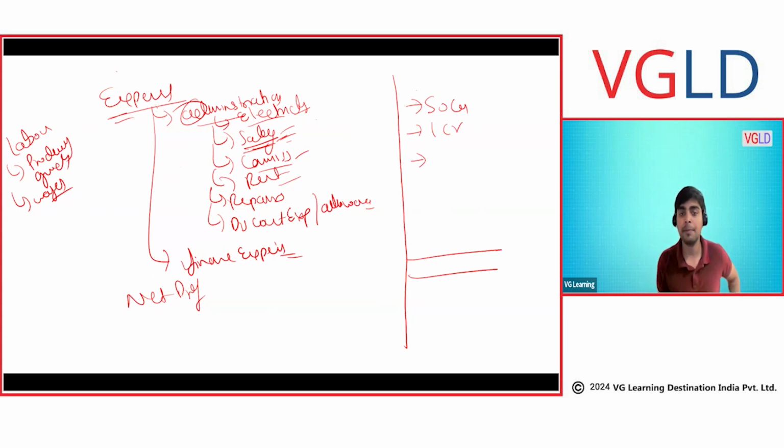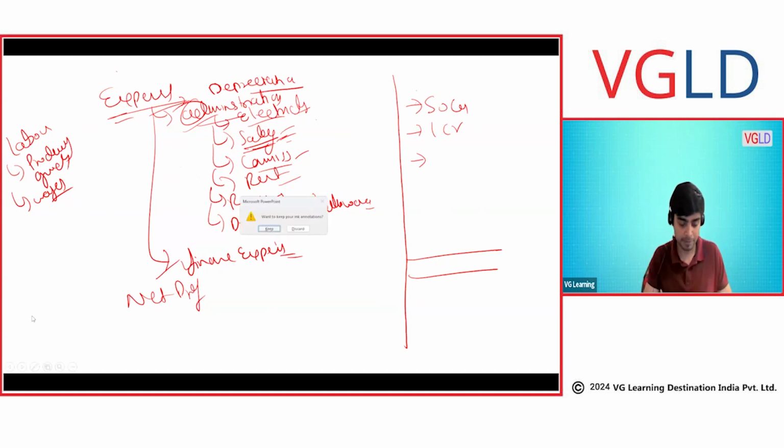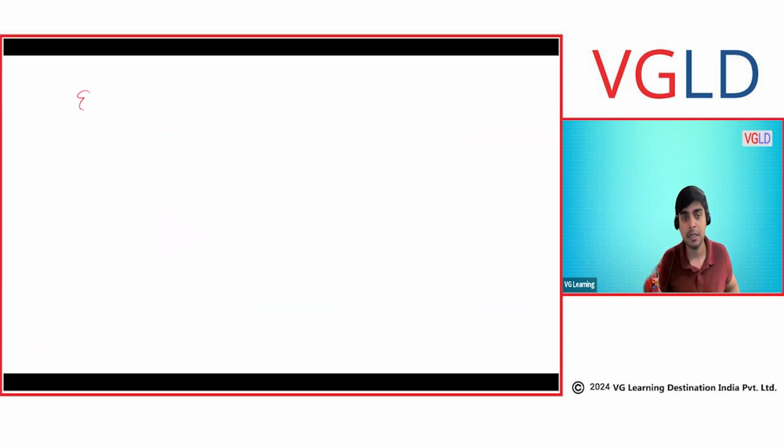I have not included depreciation. I have not included many things. Depreciation, administration, finance expenses, salary, wages. Like, these are the major heads. If I talk about major heads of expenses, just for expenses, these are the major heads.